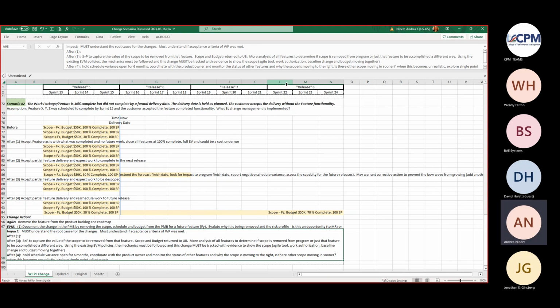Cool. So we're going to put out there that it's okay to do a single point adjustment, move that scope and budget. We've identified it, we have the evidence, and we can show it moving together.